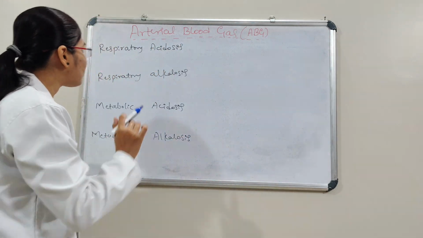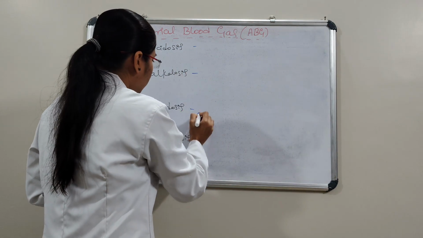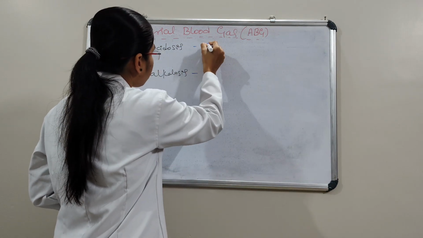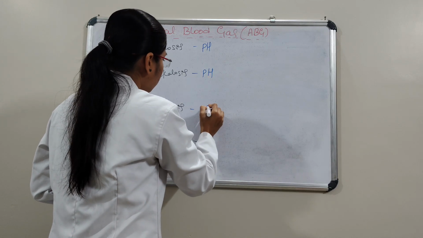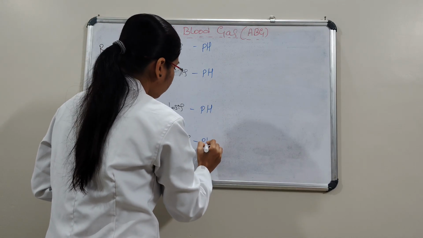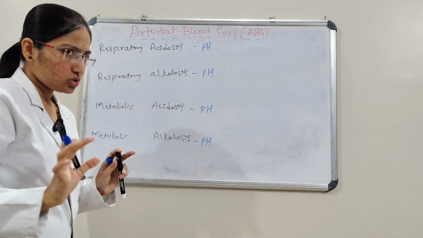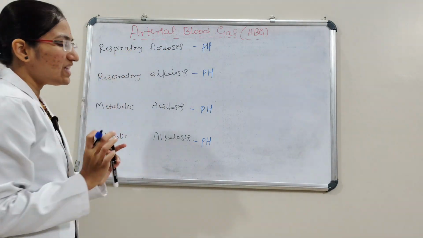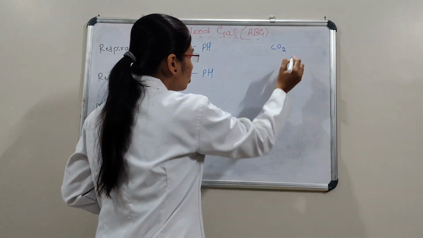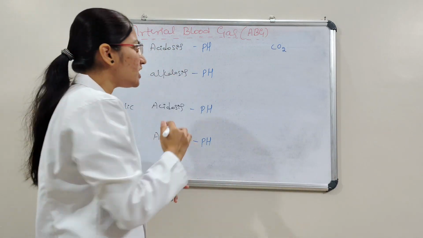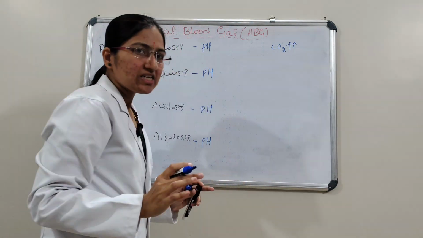Here, respiratory acidosis. We can see the blood pH. Respiratory means there will be a problem with CO2. Here CO2 is increased.